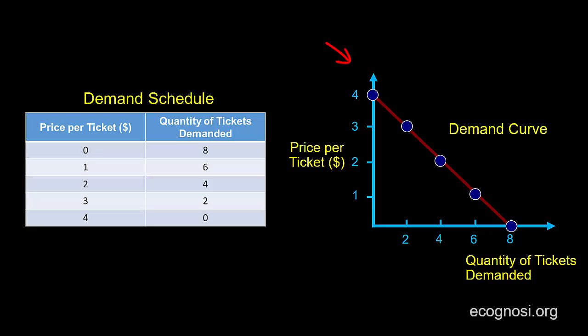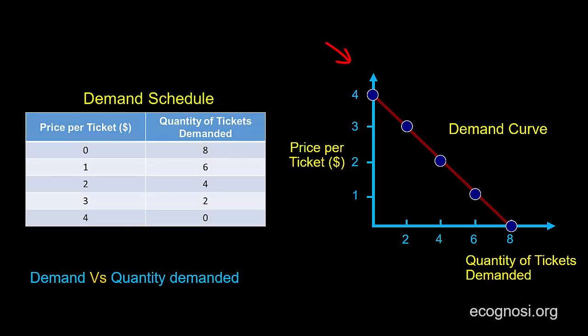In the previous video, we distinguished between demand and quantity demanded. We said that quantity demanded refers to the amount of a good that buyers are willing and able to purchase, and that demand doesn't simply refer to quantity demanded, but to the entire relationship between price and quantity demanded. Both the demand schedule and demand curve capture demand.